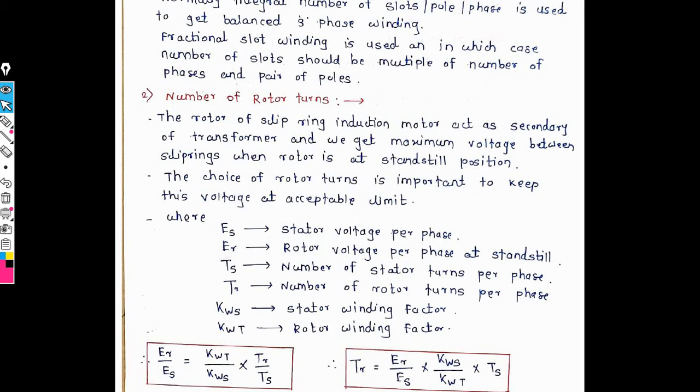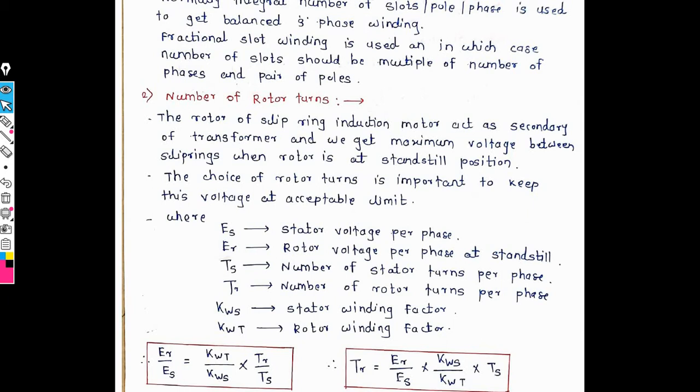That means the rotor turns act as the secondary winding of the transformer. It gives maximum voltage between slip ring and rotor, that means when the rotor is at standstill. This maximum voltage is very important in a slip ring induction motor.